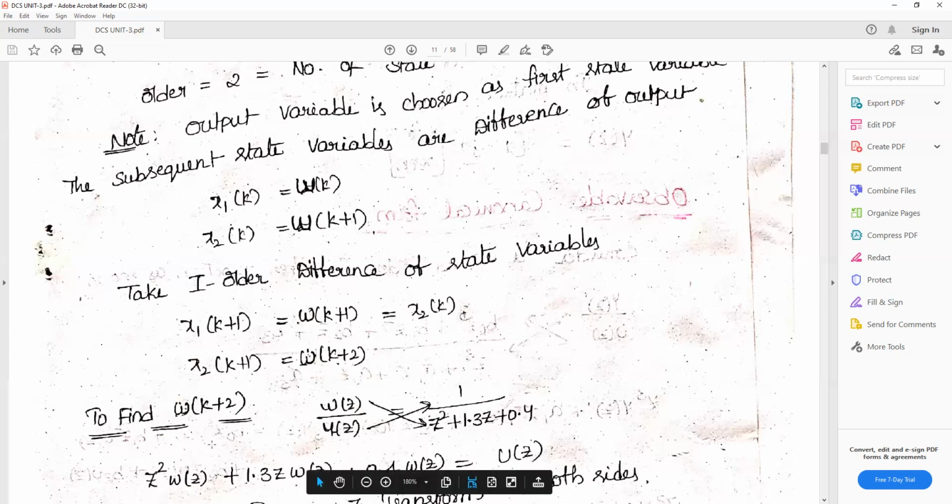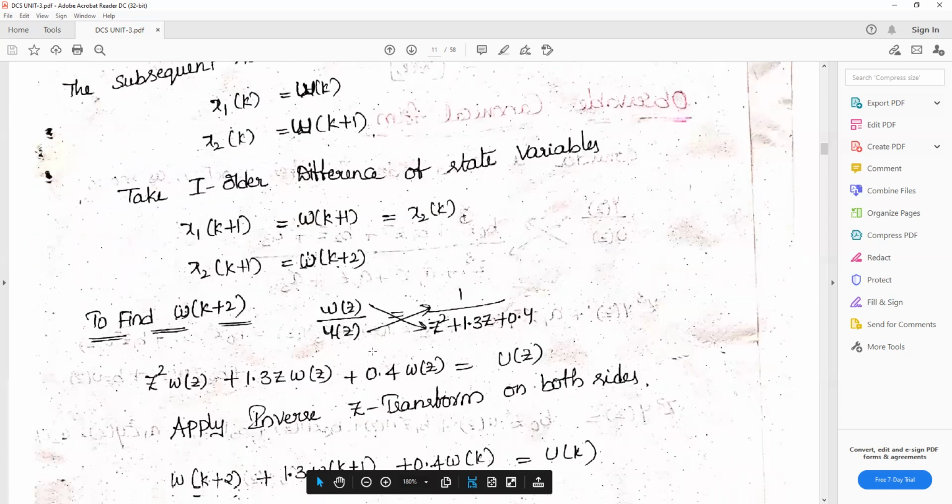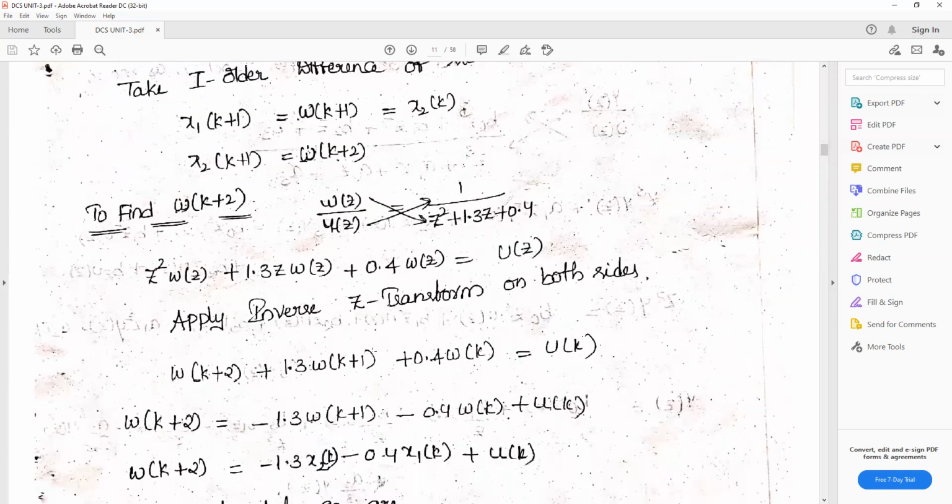Now calculating omega of k plus 2. In the cross multiplication of the transfer function, omega of z into z square plus 1.3 z into omega of z plus 0.4 into omega of z is equal to u of z.